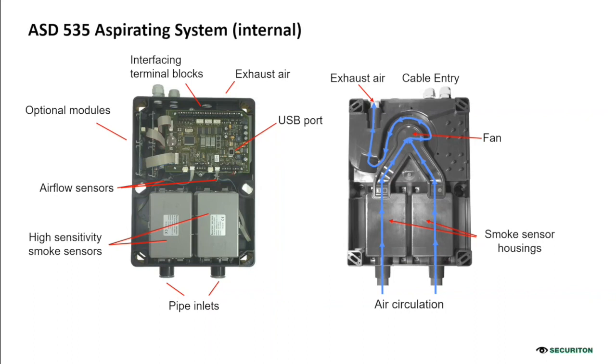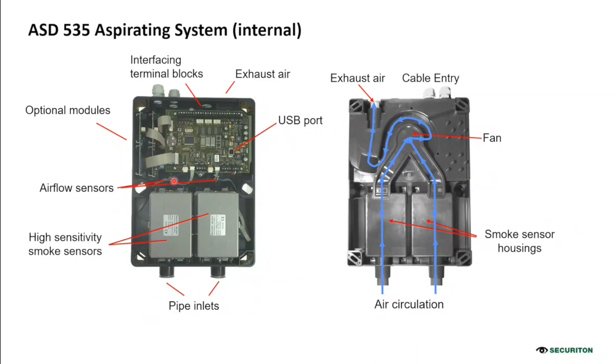In our case, these detectors are replaceable because in some regulations it is prescribed that the detector, for example, needs to be changed every 8 years or 10 years, depending on the regulation. So in our case, we can exchange this detector, and we can do maintenance directly on site. Then you see the position of the airflow sensor.